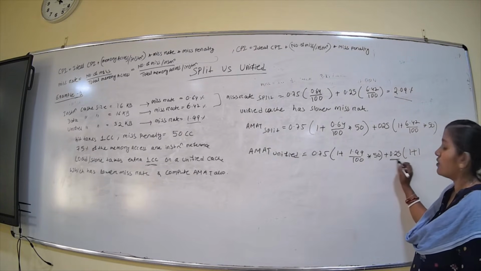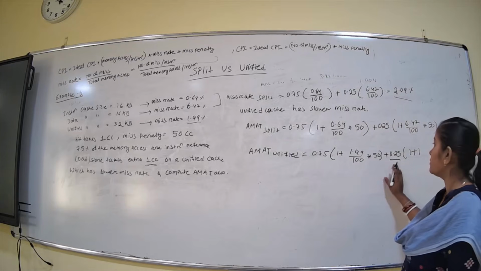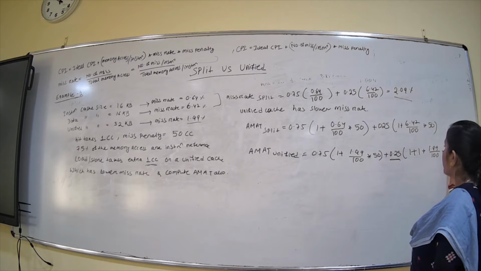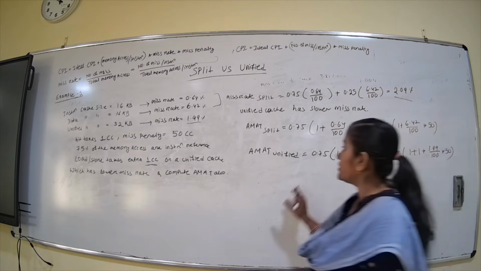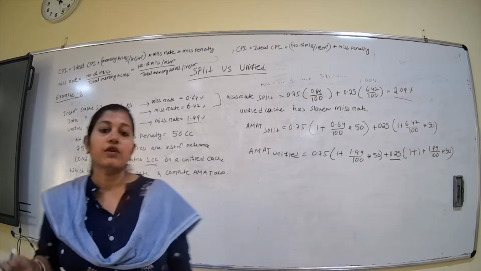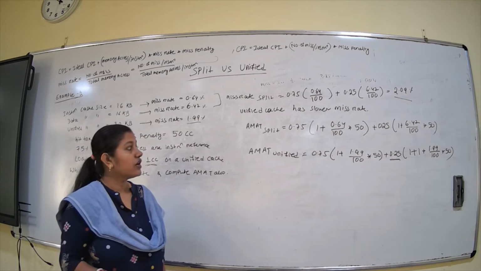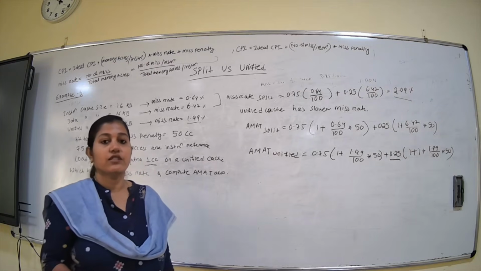So this part is what? Load and store, the percentage of data. So you can see that split has better performance than the unified case. This is how we calculate average memory access time.